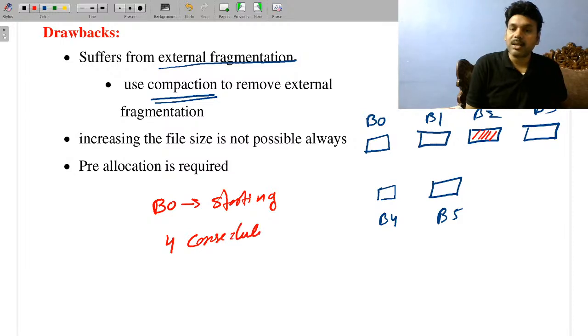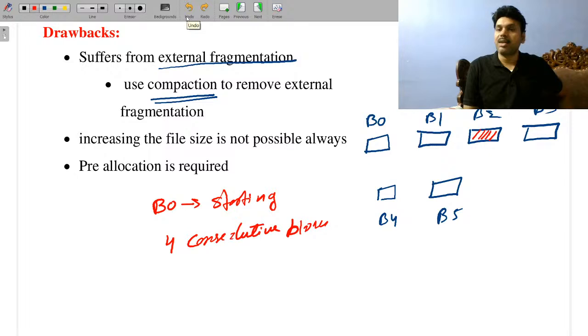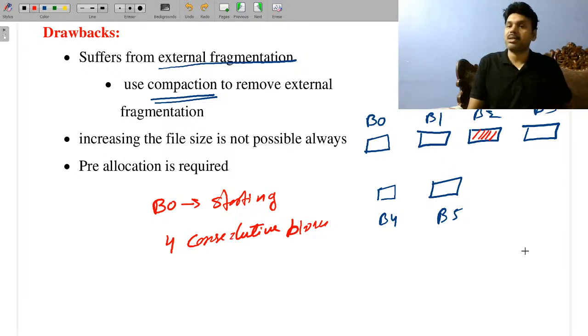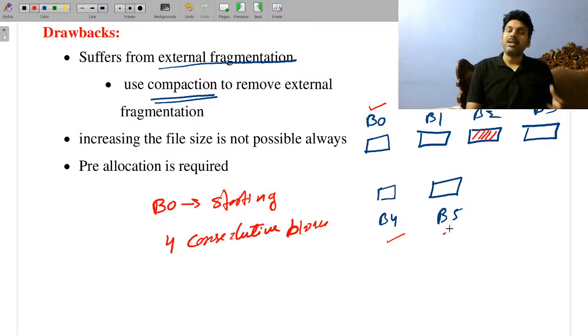As far as that, it is not possible. Why is it not possible? If you start from here, you got only 2. If you start from here, you got only 3, but you need 4 consecutive blocks. Therefore, friends, you cannot assign this. Here 5 blocks are externally fragmented. I just kept them idle, even though your request has come.